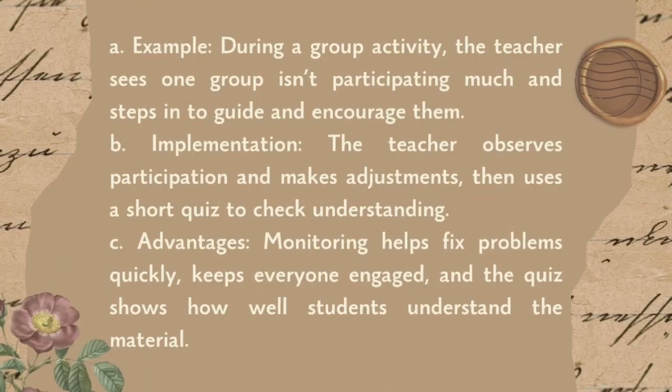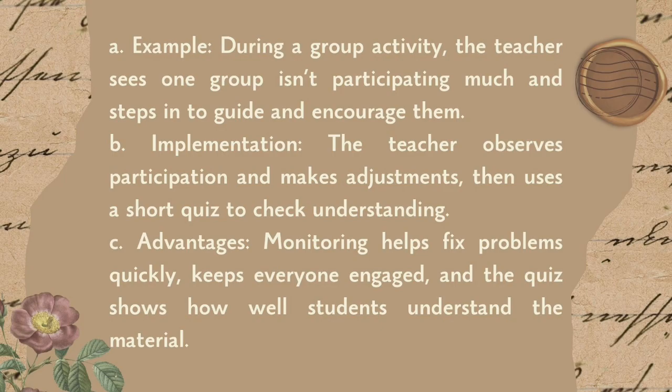For example, during a group activity, the teacher notices one group is not participating as much as others. The teacher intervenes by providing additional guidance and encouraging all members to contribute. Implementation: the teacher uses informal observation to monitor participation levels and adjust the activity as needed.